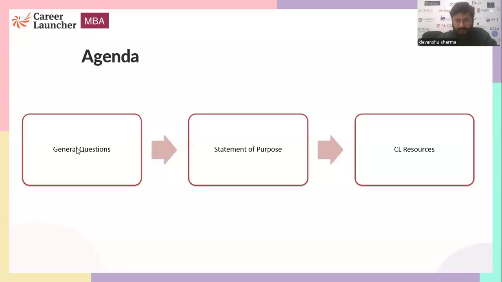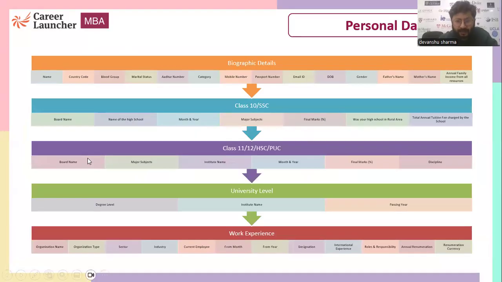Okay. So first of all, let's start with the personal data section. In this, you have to put in all your personal data like your name, country code, blood group, marital status, everything, your class 10, 12th scores, your graduation score, your work experience.